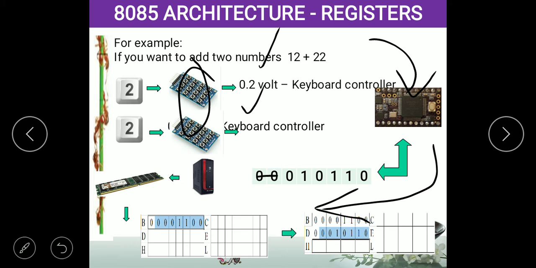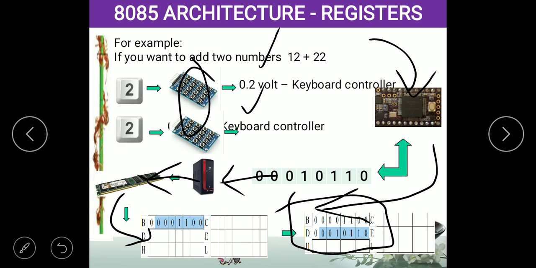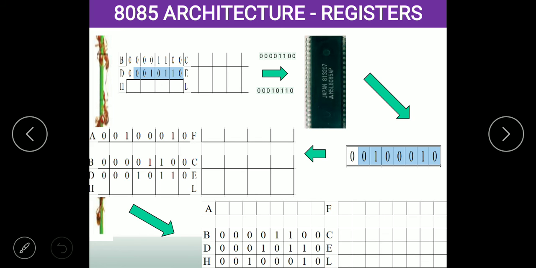Again the same is given to the CPU, CPU to the RAM, RAM to the register. Here the second register, the D register, is free, so we assume the data is stored in the D register. So B and D are stored with the numbers 12 and 22 in binary. Now, this data is given to the processor, and we are asking the processor to do the addition operation.